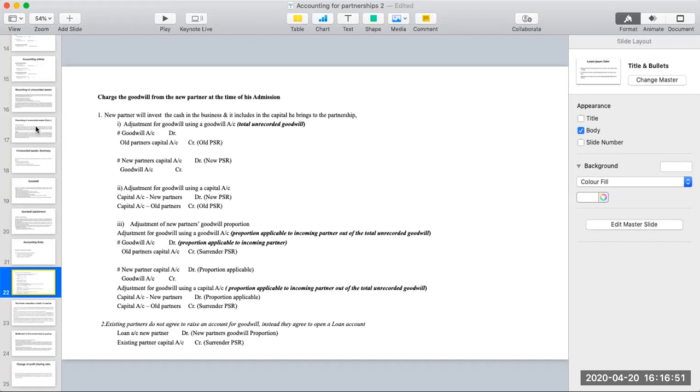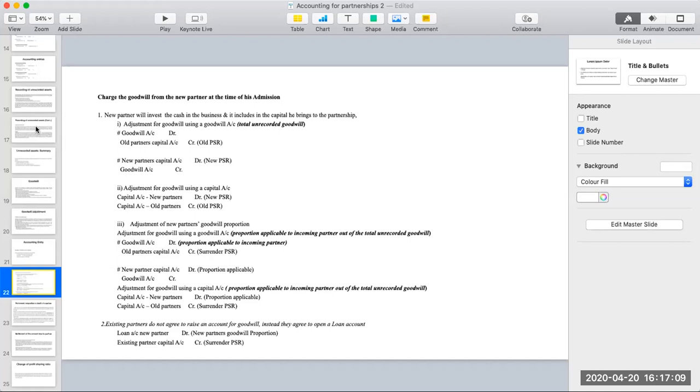Existing partners do not agree to raise an account for goodwill. Instead, they agree to open a loan account. So that means instead of creating an additional account for goodwill, they will pass this entry to a loan account.